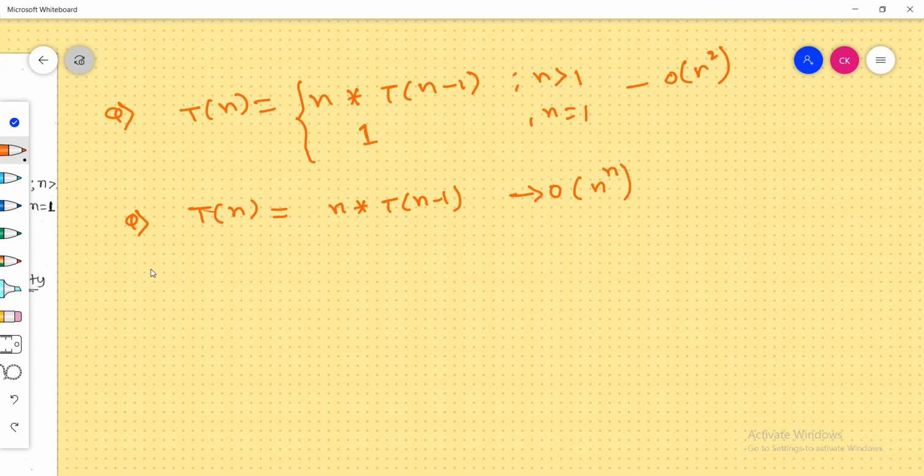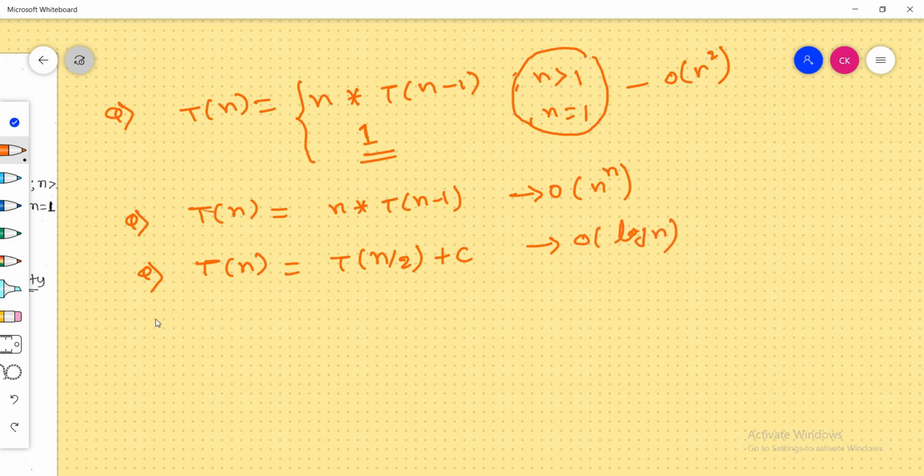And then the next one is T of n is equal to T of n by 2 plus some constant c. Let me first write down all the questions. The base condition is the same, so I am not writing it because it will take much more time.